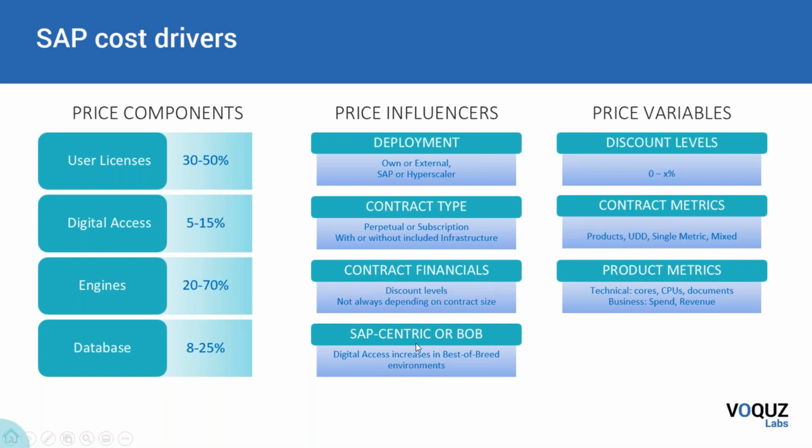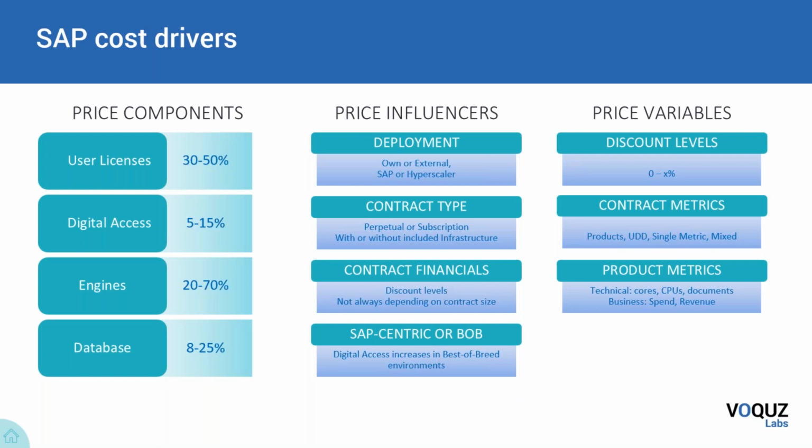And then you have SAP-centric or best-of-breed environments in terms of digital access. We talked about the SAP landscape or the application landscape. This is very much an enterprise architecture discussion around your landscape and how this significantly can increase or decrease your digital access costs.